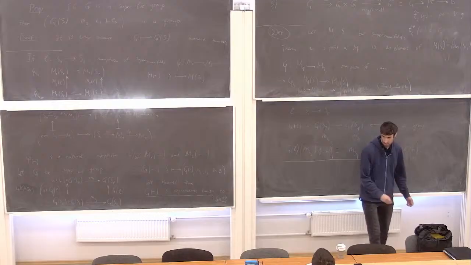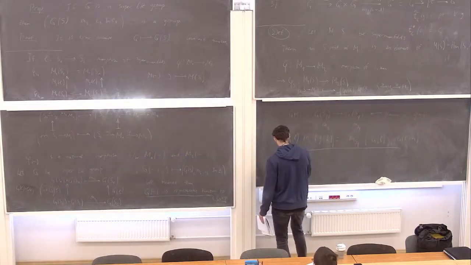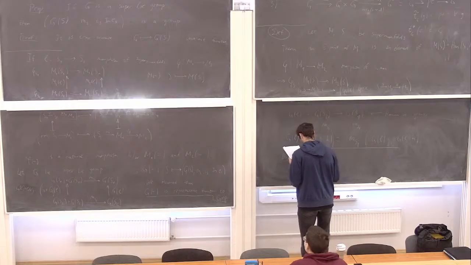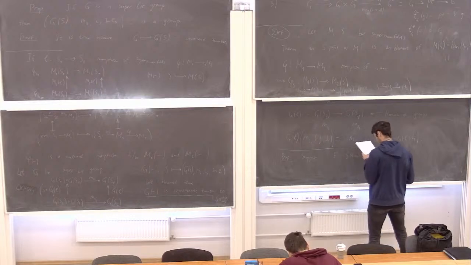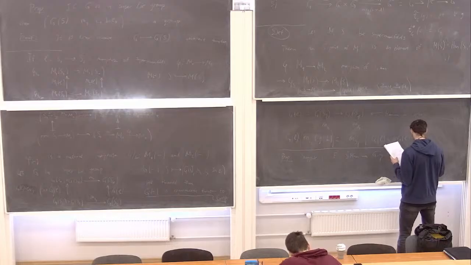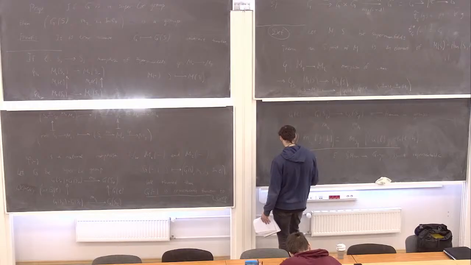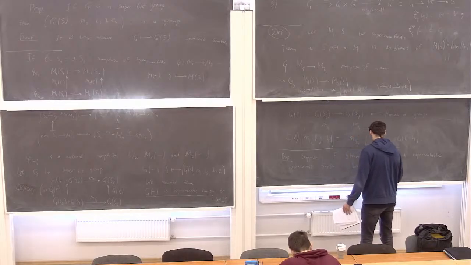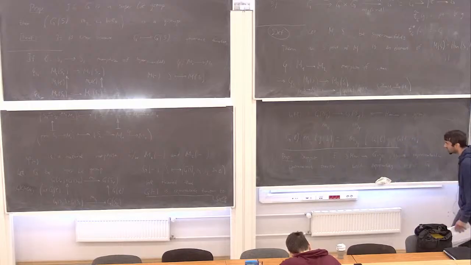So suppose that I have a representable functor. Maybe let's formulate this as a proposition. So suppose F from S man to groups is representable contravariant functor with representing object G. Right?